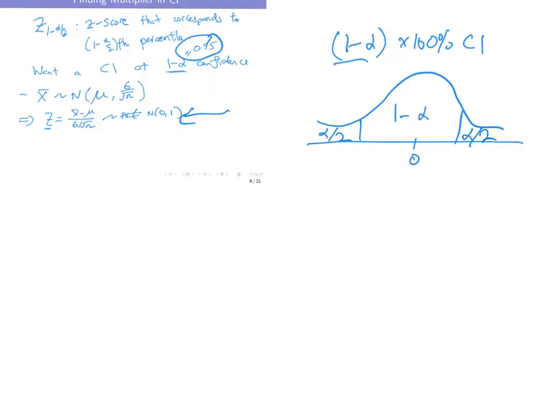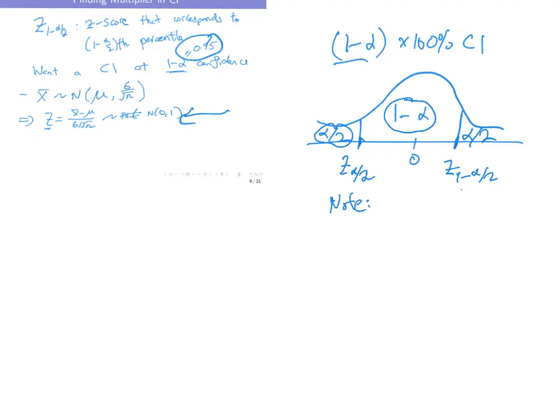This value on the x-axis represents the values of the standard normal distribution. We want to find the value corresponding to the alpha over 2 percentile, because alpha over 2 is to the left of this value. This value over here corresponds to the percentile of this plus that, so this is going to be 1 minus alpha over 2. If you add 1 minus alpha with alpha over 2, that's the percentile we get.